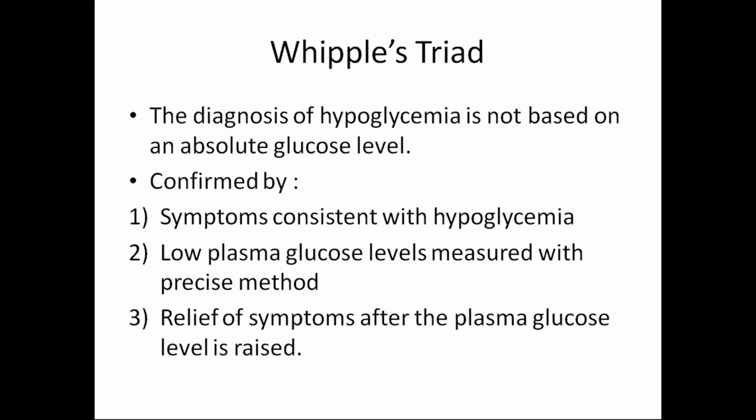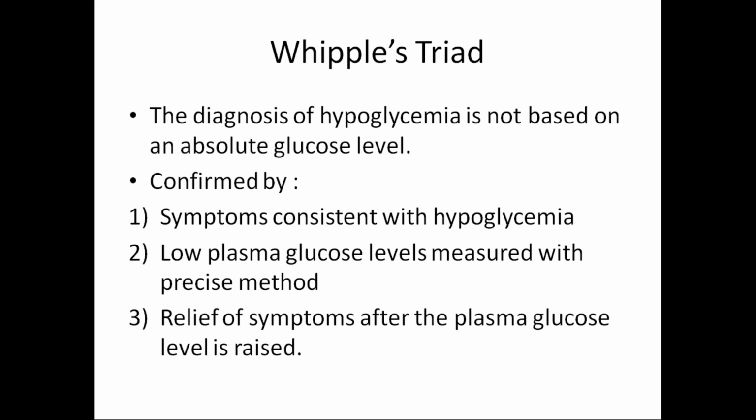But normally in emergency departments, we take the capillary blood for measuring. So that is not consistent. That's not diagnostic for measuring glucose levels. You have to take venous samples. The venous sample is the correct method to measure the glucose.